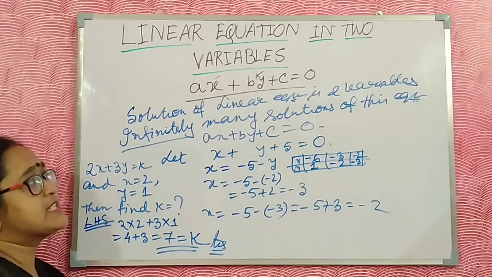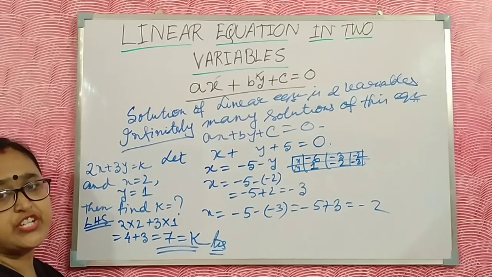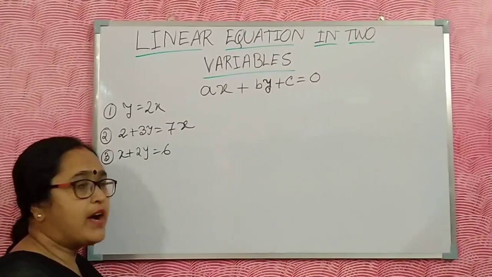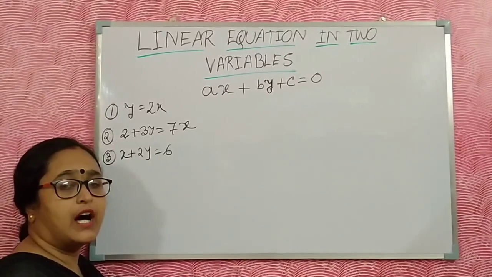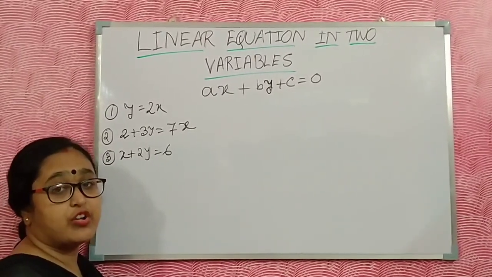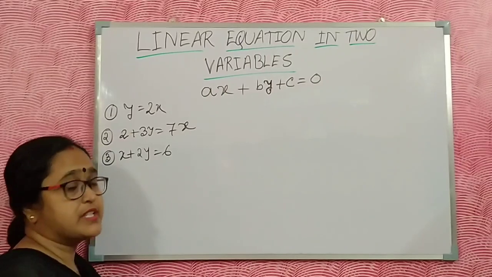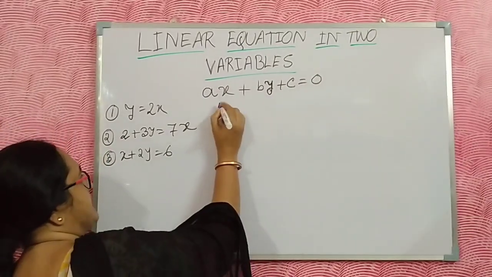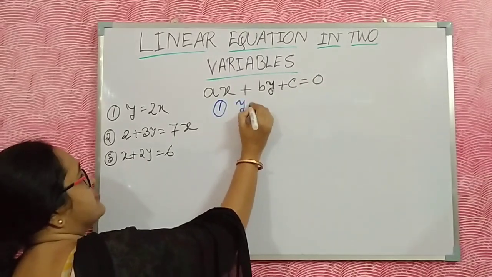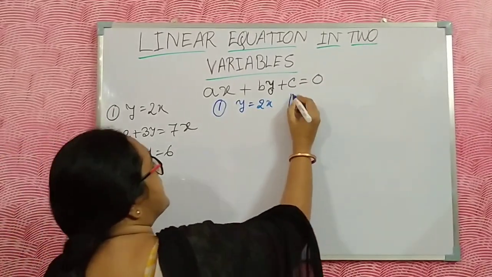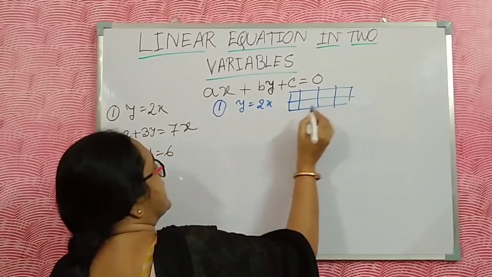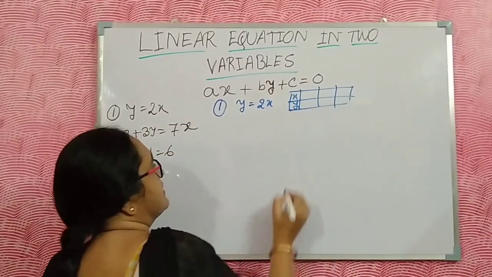Now I will discuss the graphical representation of linear equations in two variables. How is it possible to do? Let me take a first example, y is equal to 2x. Now you make a chart of x and y.